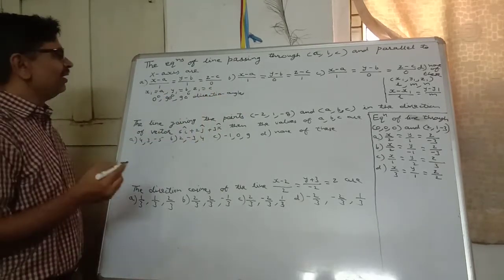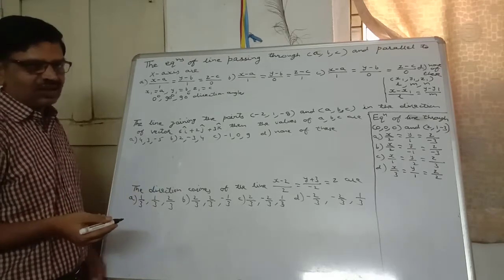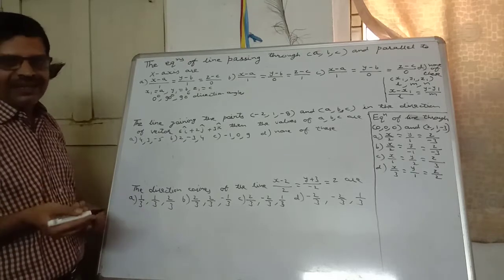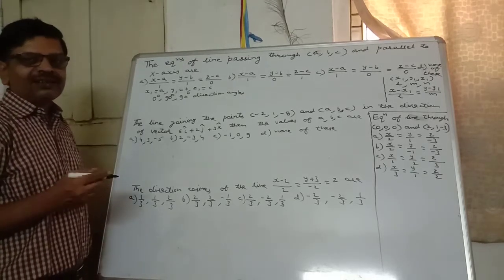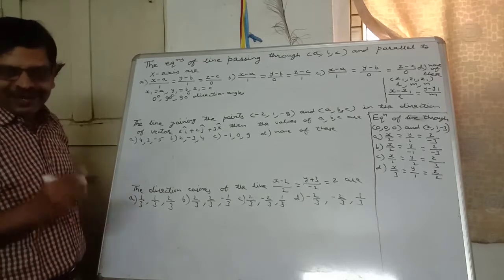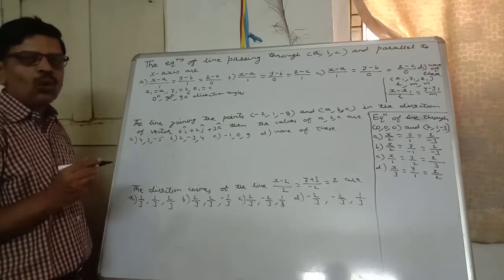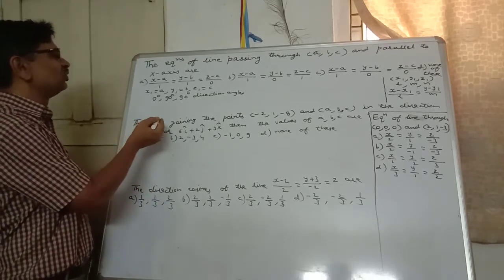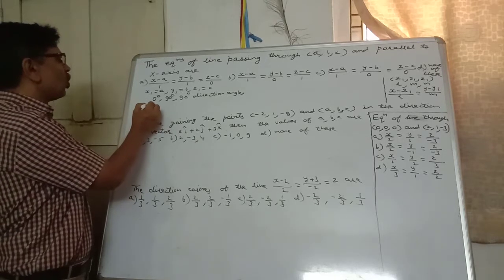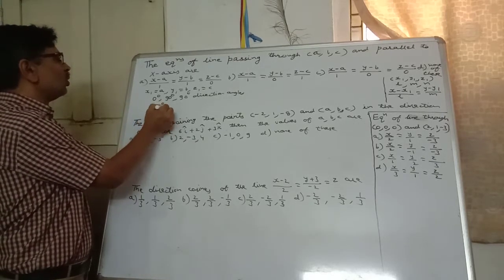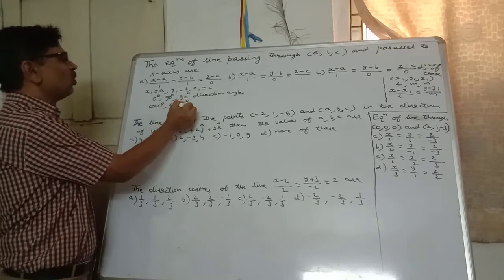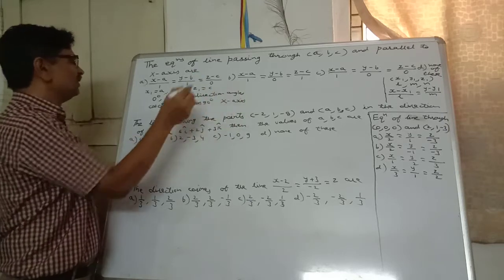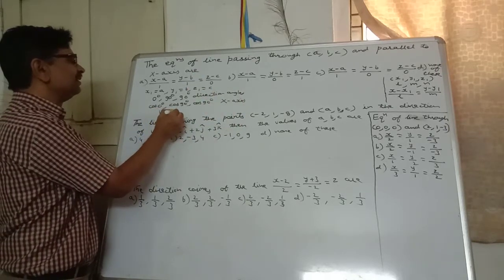From that we get the direction cosines. Cosines of the direction angles are the direction cosines of a line. For every line, there is only one triplet of direction angles and hence one triplet of direction cosines also. So here the direction cosines of the x-axis are cos 0, cos 90, cos 90. cos 0 is 1, cos 90 is 0.